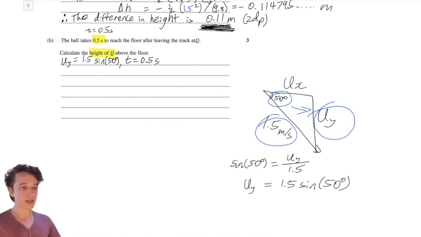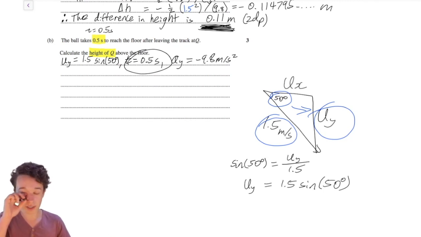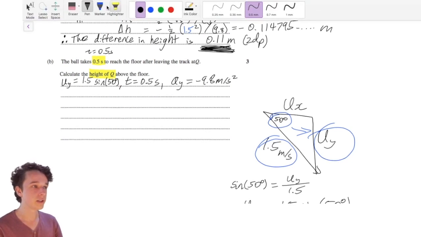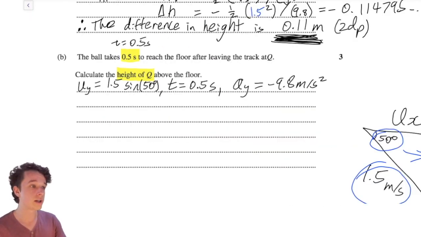That's what tells the equations how far it fell, because the initial velocity doesn't tell the equations how far the ball fell, and neither does the other piece of information, which is the acceleration in the y component, negative 9.8 meters per second squared. This t equals 0.5 seconds is the crucial piece of information in order to find the displacement in the y component. So now we're going to use our trusty sy equals uyt plus half at squared.